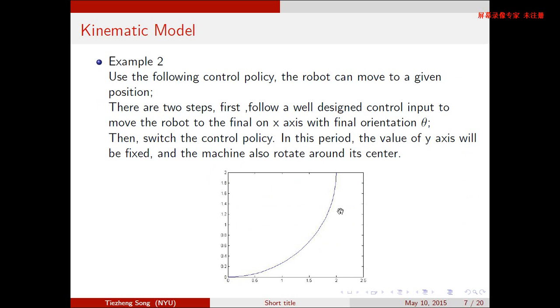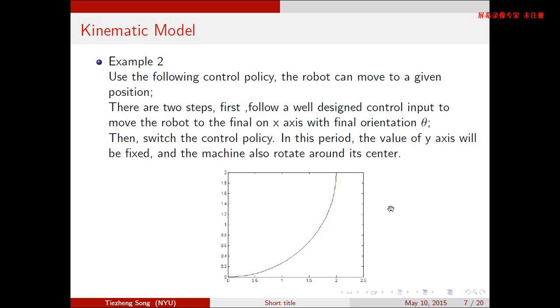Here is another example. In this example, I try to move this robot from the original point to a final point with some orientation. These control policies can be divided into 2 different steps. In the first step, following a well-designed control input, this robot will move to the final position on the x-axis with the right final orientation theta.